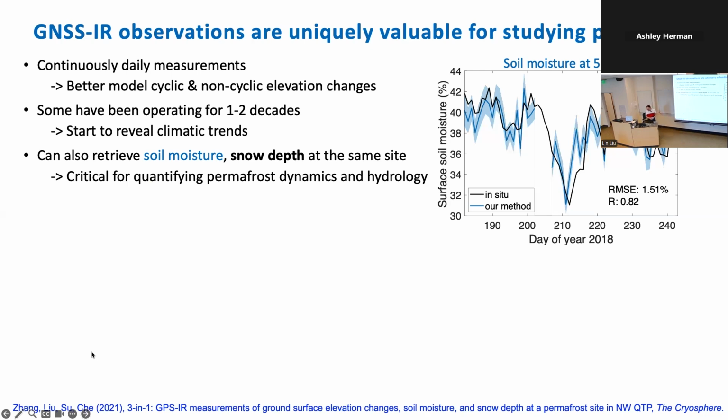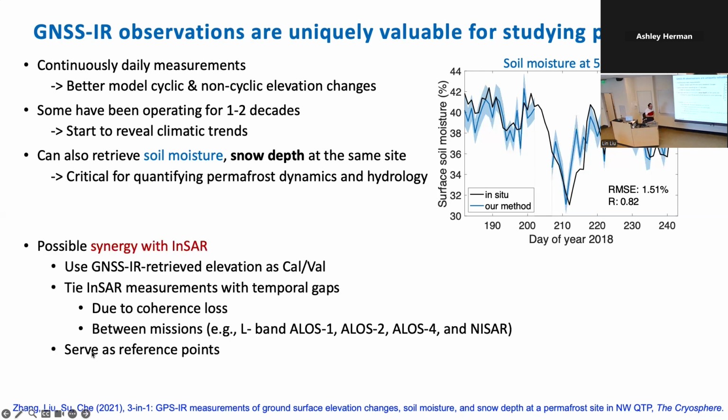This is a very good agreement. GPS IR can also give us snow depth. All these variables, elevation change, soil moisture, and snow depth, are important for us to quantify permafrost dynamics and hydrology.